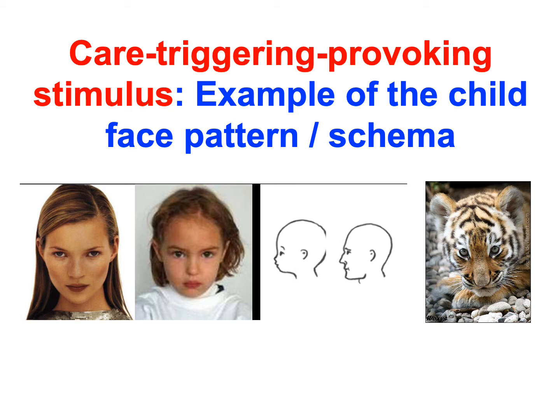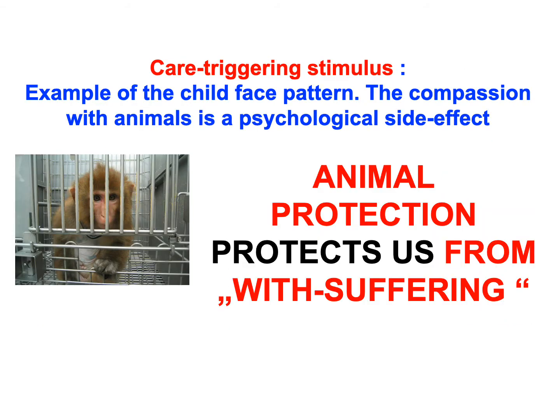It means rounded and big eyes, and everybody knows that this pattern calls for care, including the baby tiger. So this is a care-triggering stimulus. We have seen the example of the child face pattern.